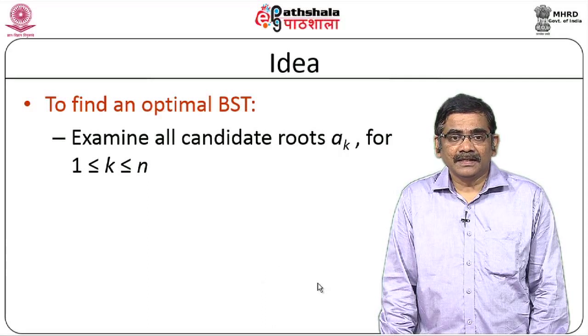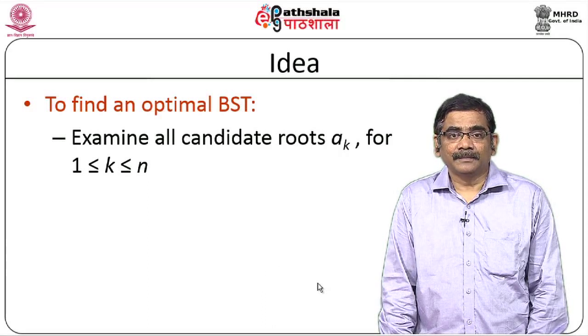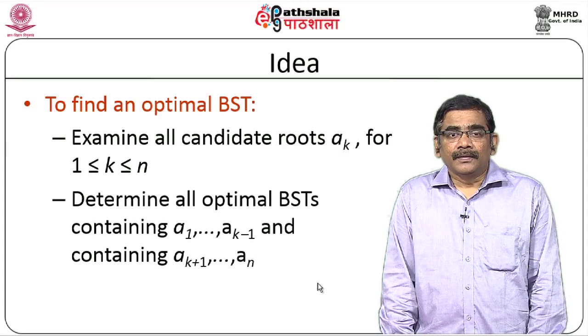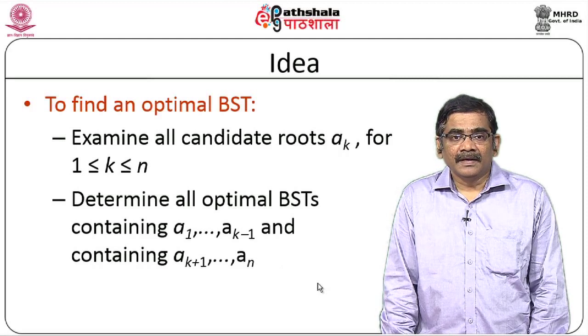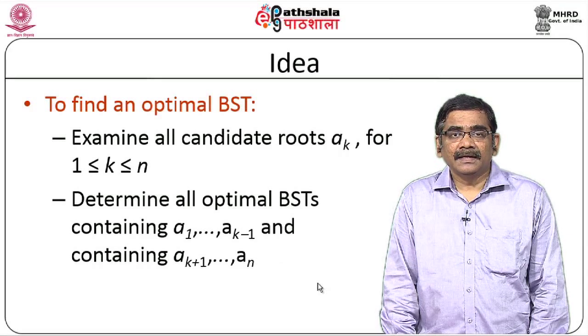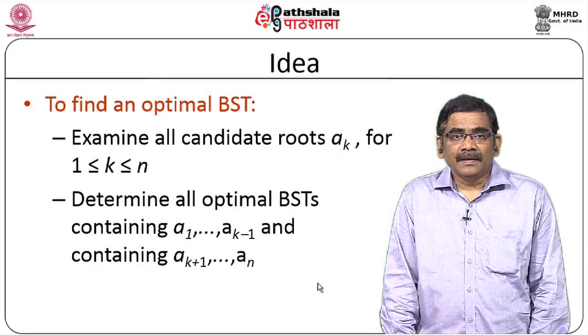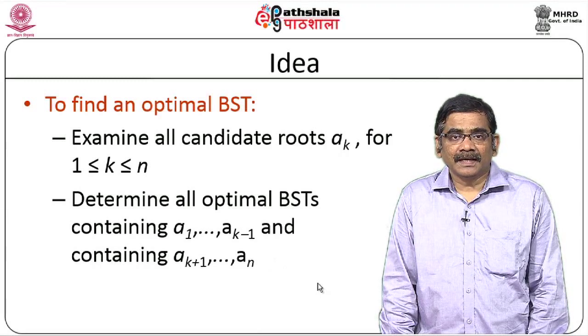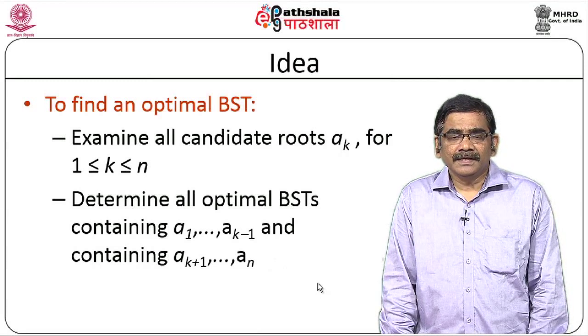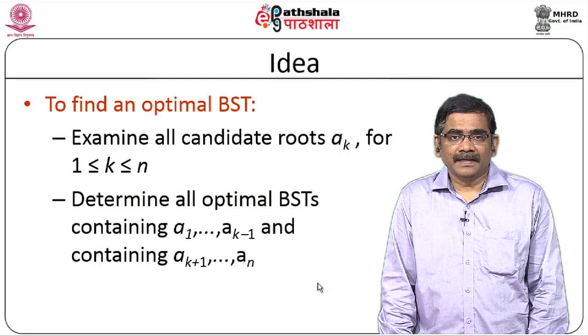Therefore, k ranges from 1 to n. Now, we are going to determine all optimal BSTs for a 1 to a k minus 1 and all elements from a k plus 1 to a n. You can see exactly what is happening here.